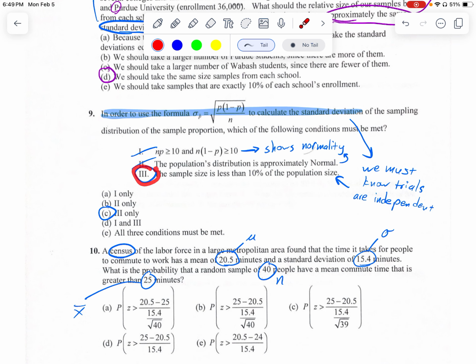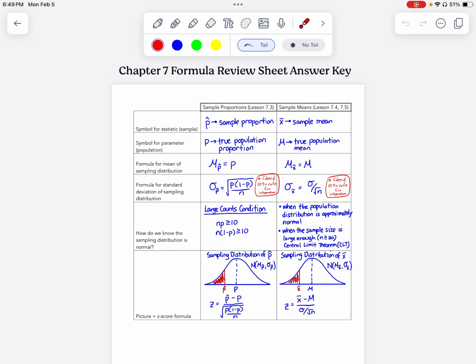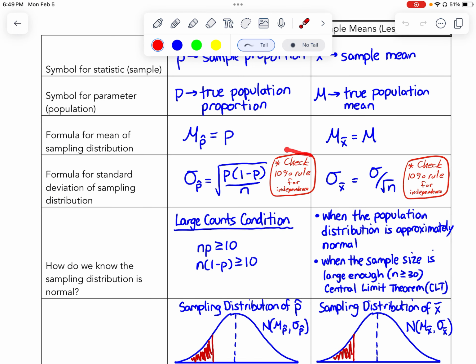Okay. And this is actually written on the notes, right? You have to satisfy the 10% rule. And we do that because we have to know that the trials are independent. I even marked this on the cheat sheet right there, right? Check the 10% rule for independence. That allows you to find the standard deviation using these formulas.